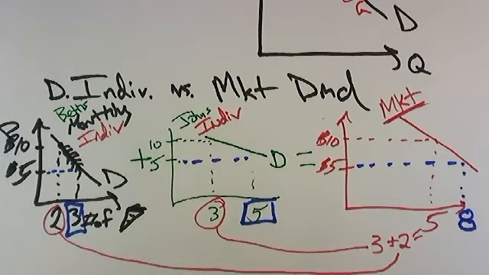Okay, let's get to the real nitty-gritty of the matter. At the end of the day, the really interesting thing is those other things, that ceteris paribus part that we talked about before.